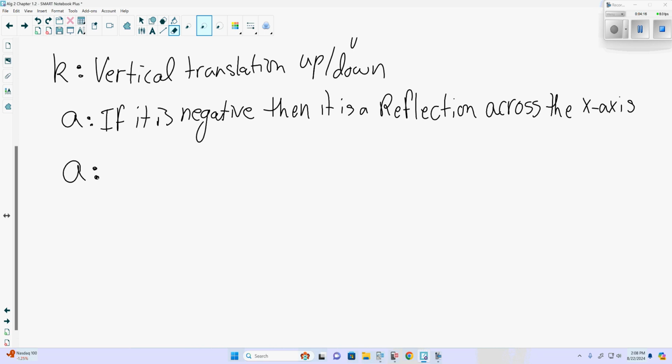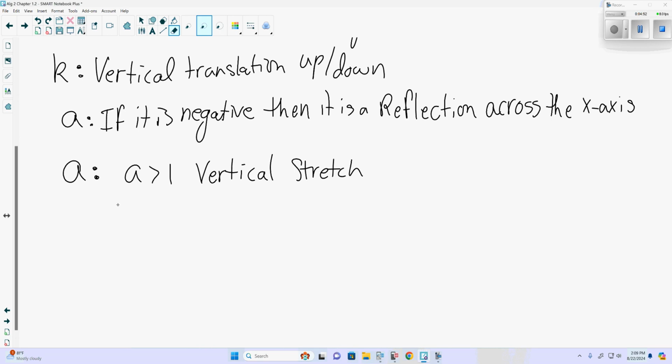Now, if a is greater than 1, if the number is greater than 1, we say that it has a vertical stretch by whatever that amount is, a vertical stretch of 2, or a vertical stretch of 3, or a vertical stretch of 98. It is telling us how much we're going to stretch or increase the function by. It's how much it's going to increase faster or slower.